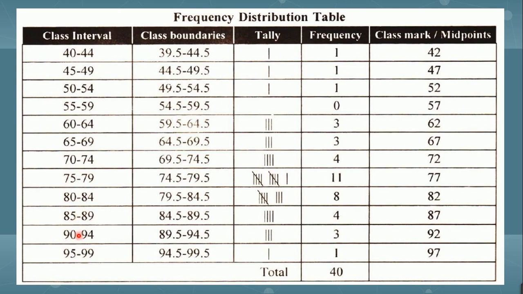Midpoint of this class interval is 92, and midpoint of this class interval is 97. Adding lower limit and upper limit and then dividing by 2, you will get the midpoint of the required class interval.